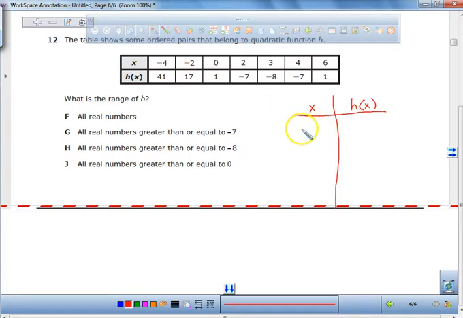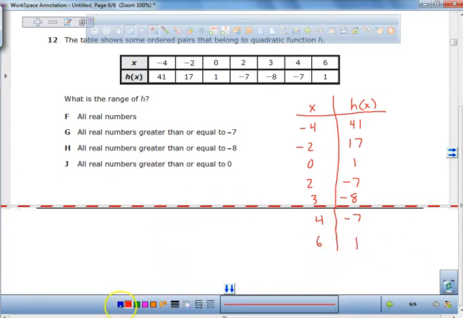So we have a -4 and a 41. We have a -2 and a 17. We have a 0 and a 1. We have a 2 and a -7, a 3 and -8, a 4 and a -7, and a 6 and a 1.